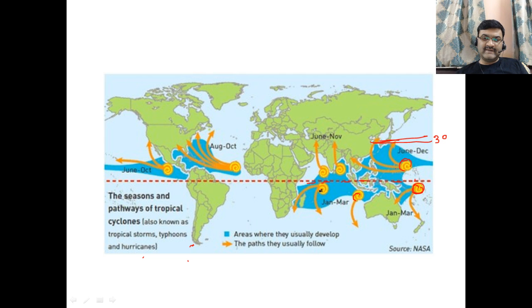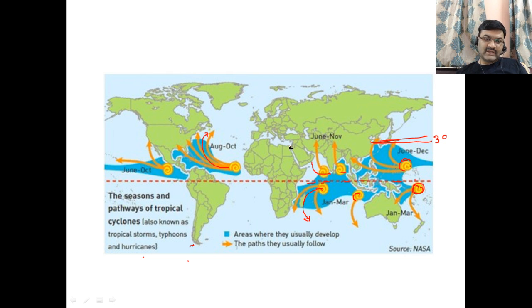The movement of the cyclone is guided by the Coriolis force. The cyclone is deflected to the right in the northern hemisphere and to the left in the southern hemisphere.